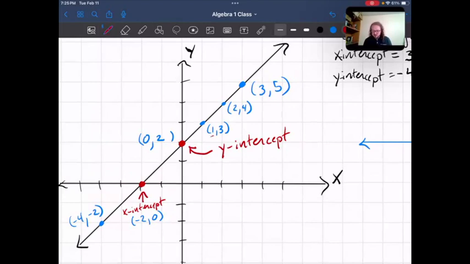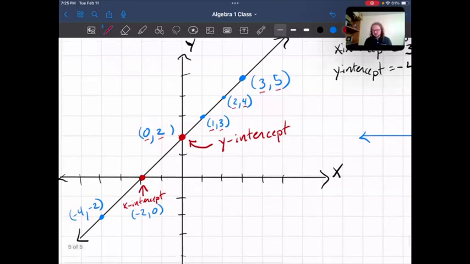I had x values 0, 1, 2, 3, and then on the y values I have 2, 3, 4, 5. Right, so I can see that as the x values are increasing, the y values are increasing just the same.